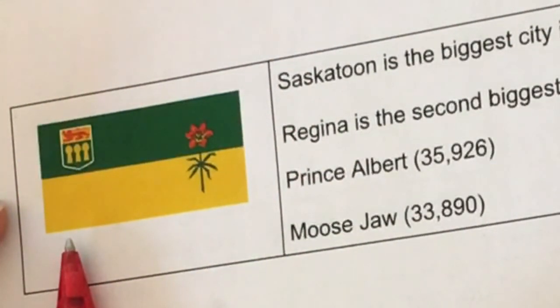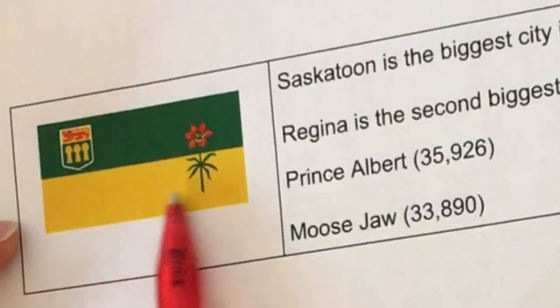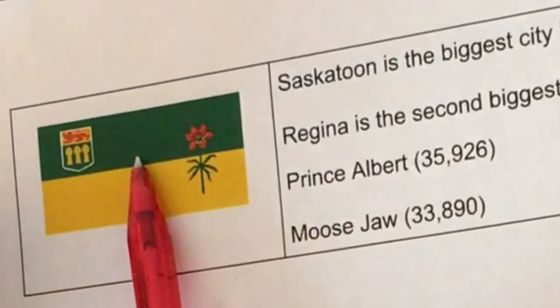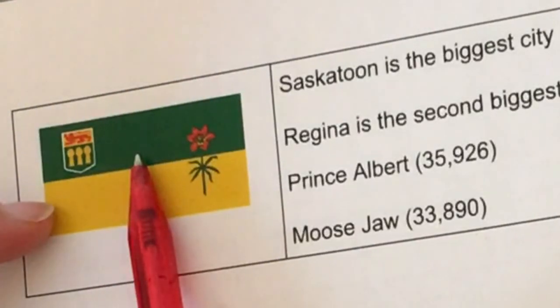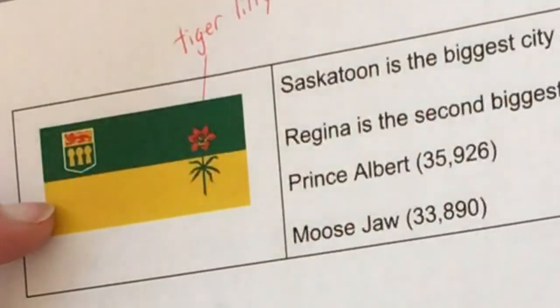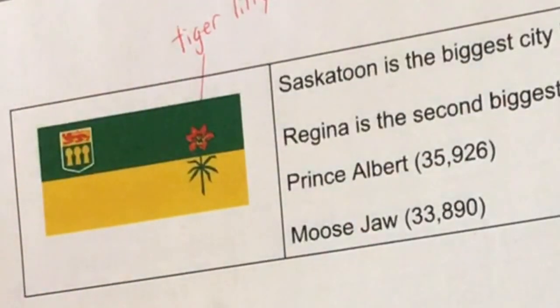The Saskatchewan flag has yellow on the bottom half, and the top half is green. And here we have a tiger lily. This flower grows outside the cities in the forest.